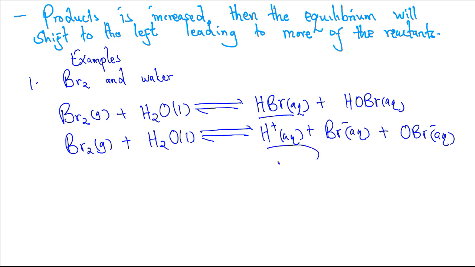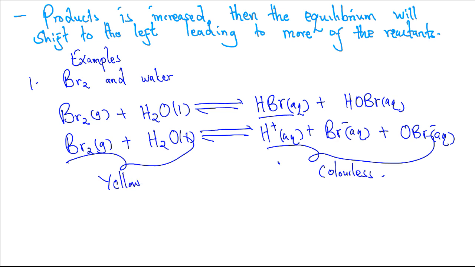So this is colorless, then this is yellow orange. It is orange due to the formation of the bromine water.